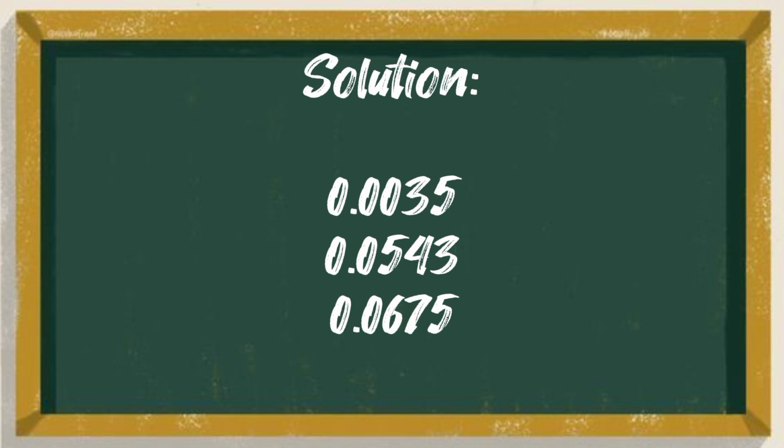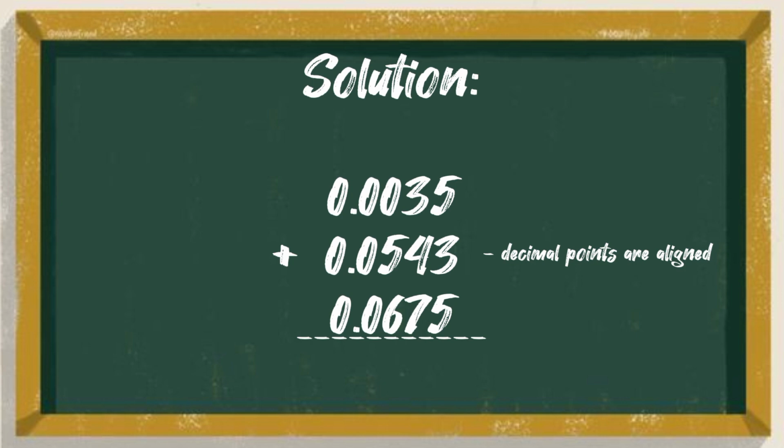Take note that when you are putting the numbers, make sure that the decimal points are aligned. Since the number sentence that we are going to use to find the sum of this given problem is addition, we need to add these three given numbers.